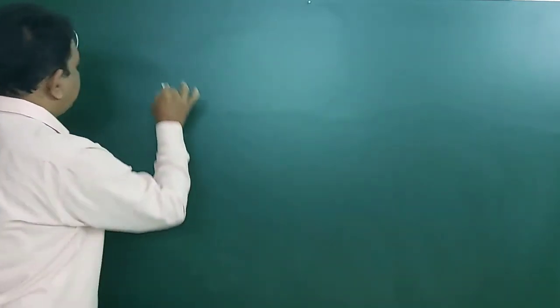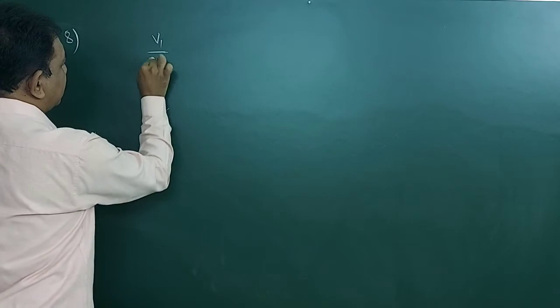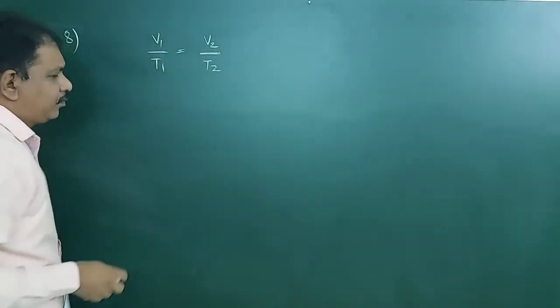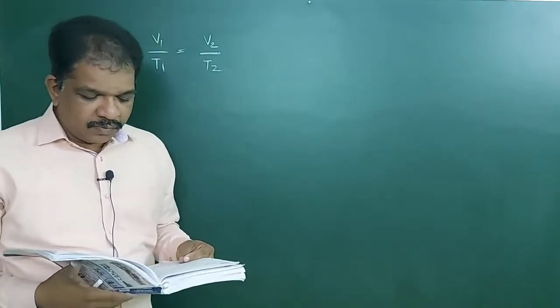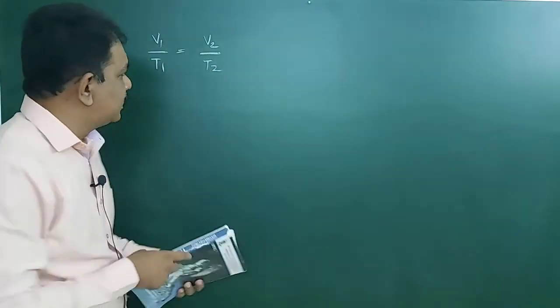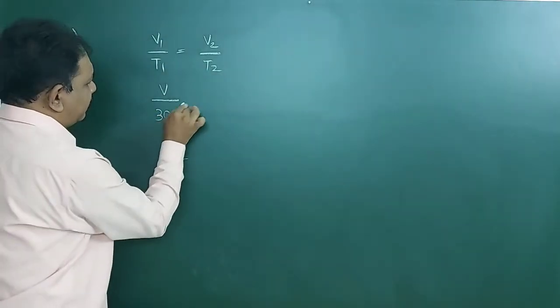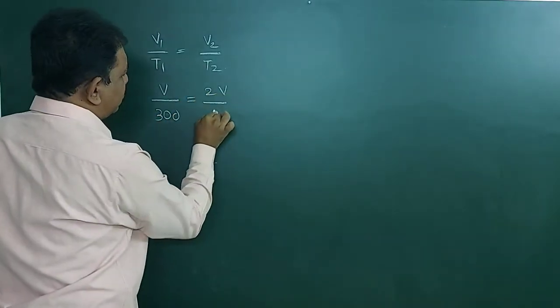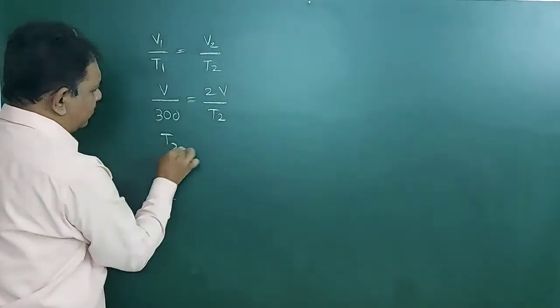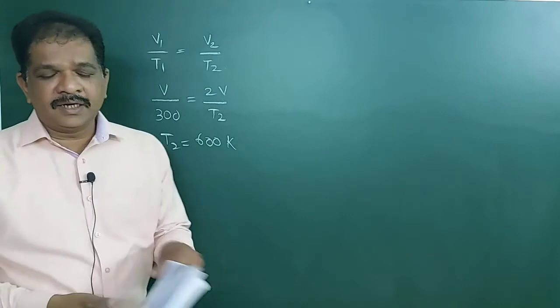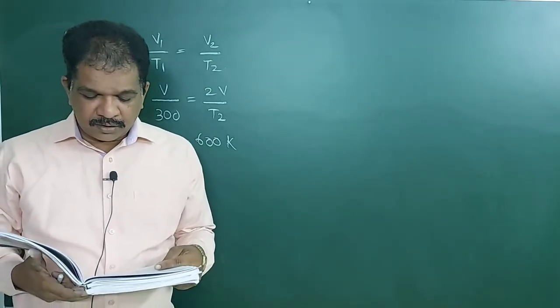So V1 by T1 is equal to V2 by T2. So volume doubles. So V by 300 is equal to 2V by T2. T2 is equal to 600 Kelvin. Okay.